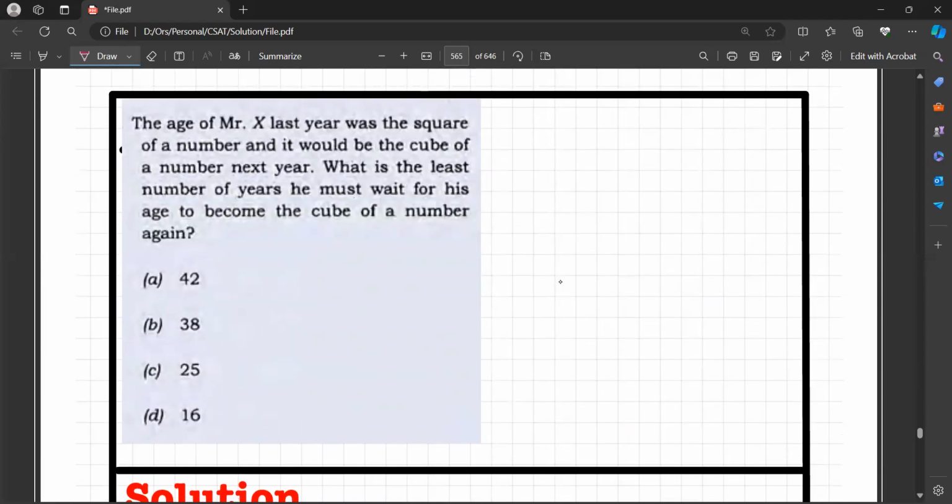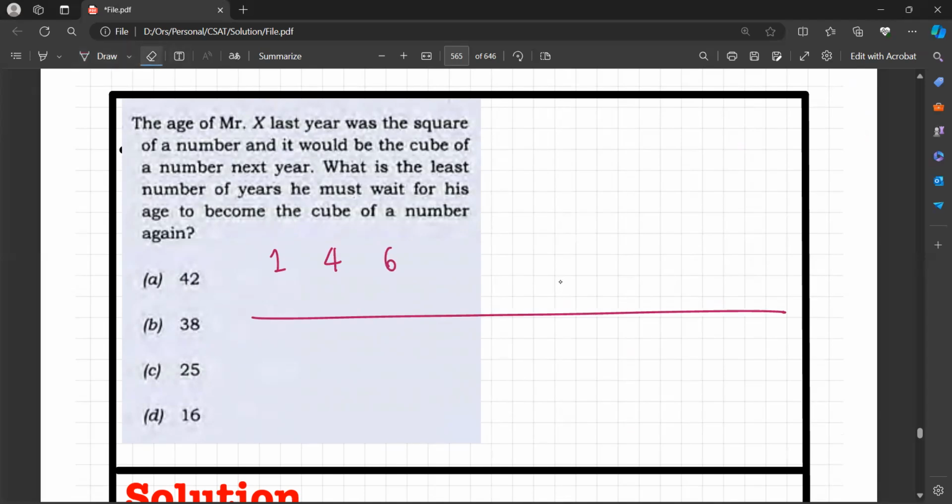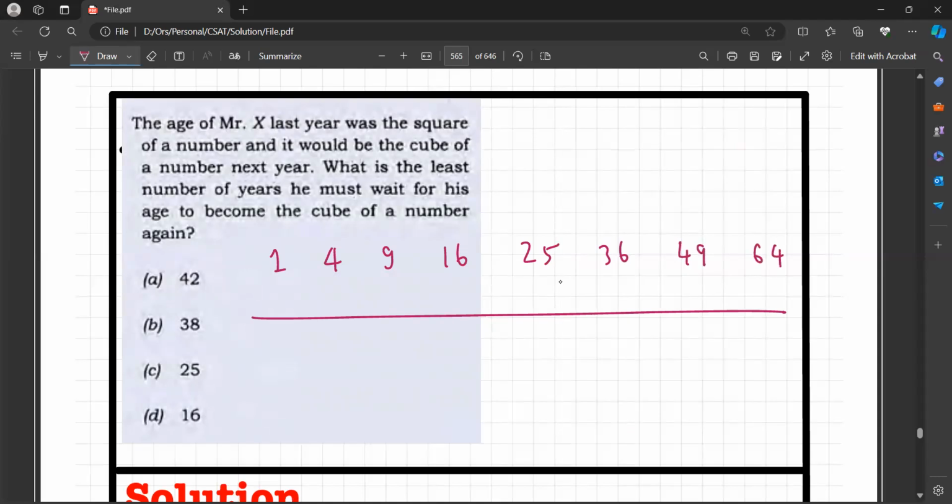The age of Mr. X last year was the square of a number. So the square of a number is the current age minus 1. What are the squares of the numbers? 1, 4, 9, 16, 25, 36, 49, 64, 81. That is enough.